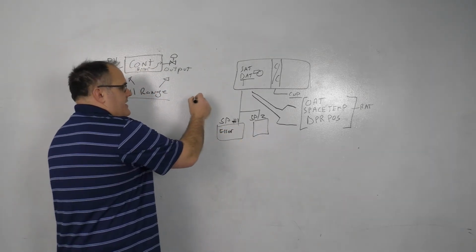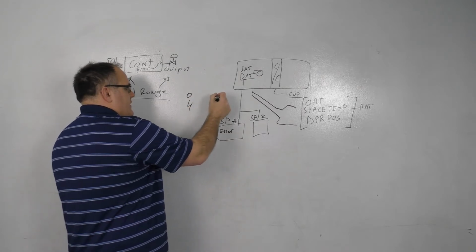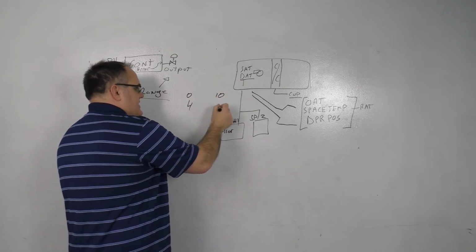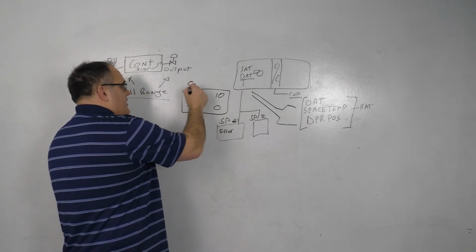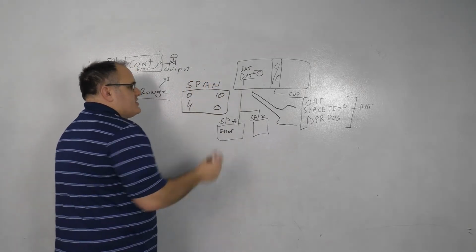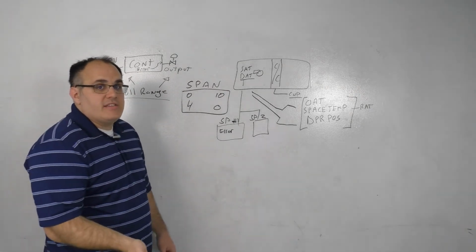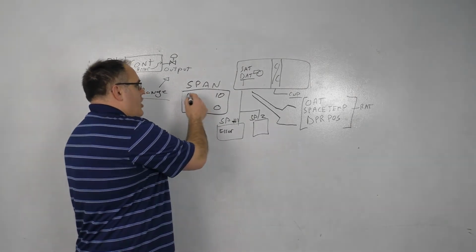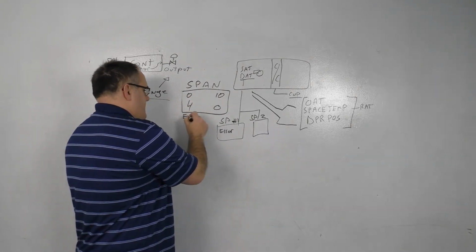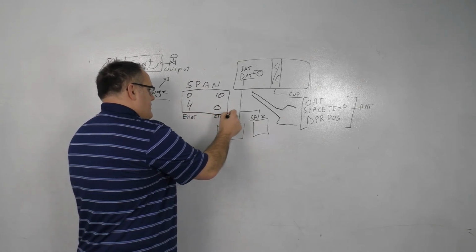And we would say maybe 0 to 4 equals 10 to 0. And you're like, what the heck does this mean? This is a span block, okay? This is commonly used in programming, and we're going to use it throughout these different optimization strategies. So 0 being our error, this is our error, and this is our set point adjust, okay?